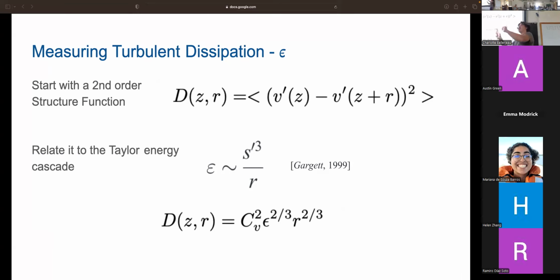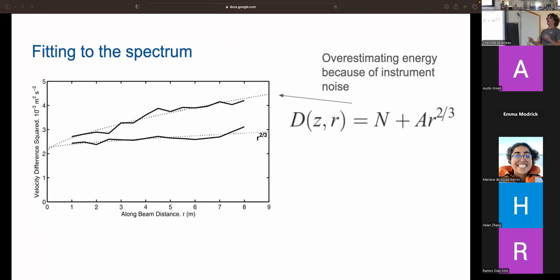So for each individual beam of your ADCP, you can create your own structure function for it. And basically this distance that we're concerned with is our bin size. Let me skip forward a slide.